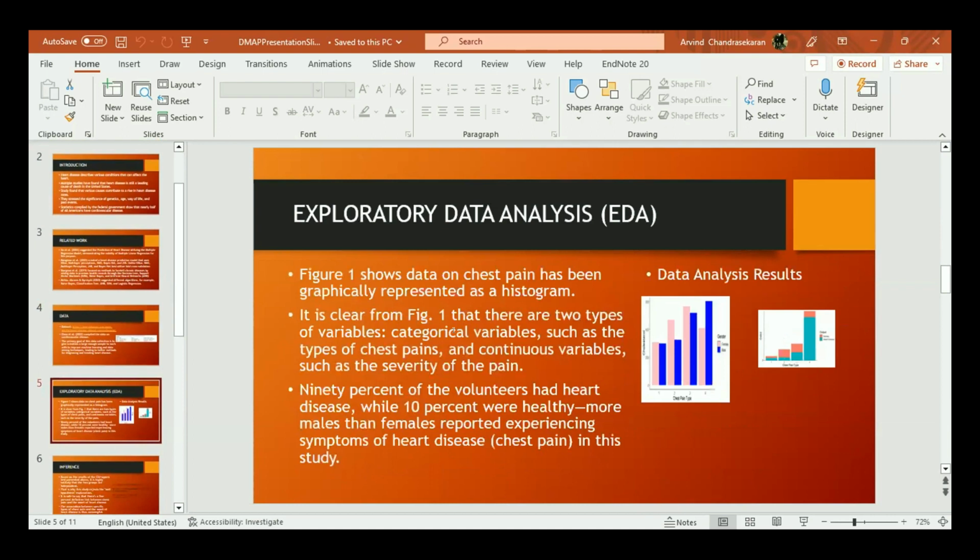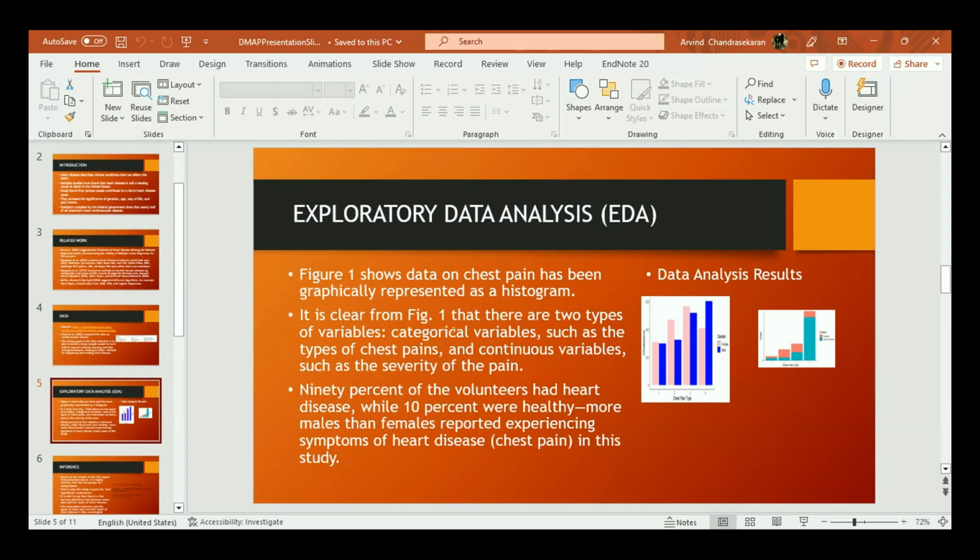And then in the figure on page 5, it shows the chest pain graphically represented as a histogram, and there are two types of variables in the circumstances, like categorical variables, like chest pains, and continuous variables.